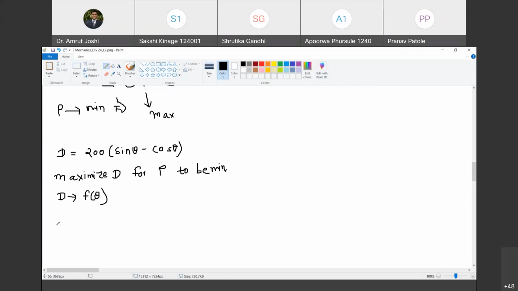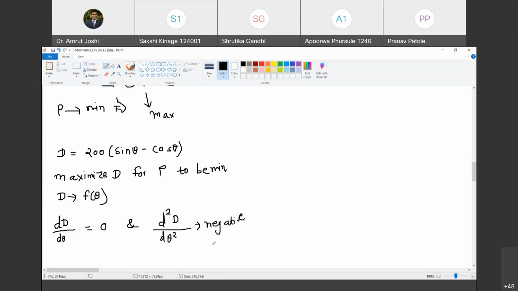So for D to be maximum, I must have the differentiation of D with reference to theta to be 0. And the second derivative, d square D upon d theta square, must be negative. This is the condition for maximum.